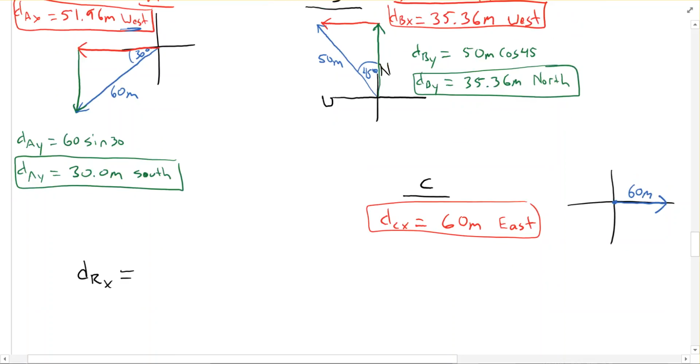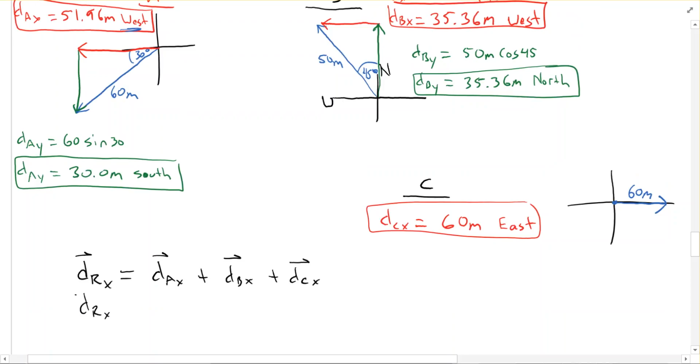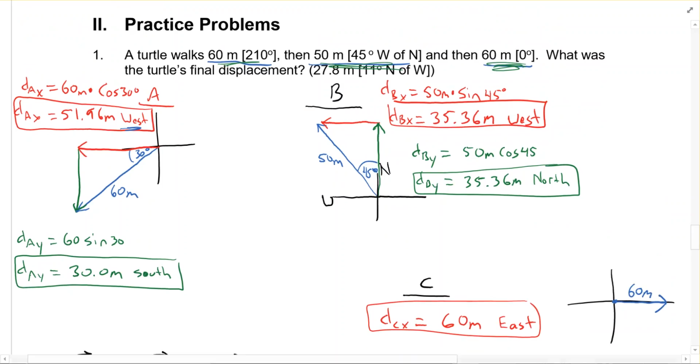Okay, so that's going to be equal to dAx plus dBx plus dCx, just adding them all together. And technically, these should all be vectors, right? So drx is a vector. So dAx, that's going to be negative, though, right? That's this one.